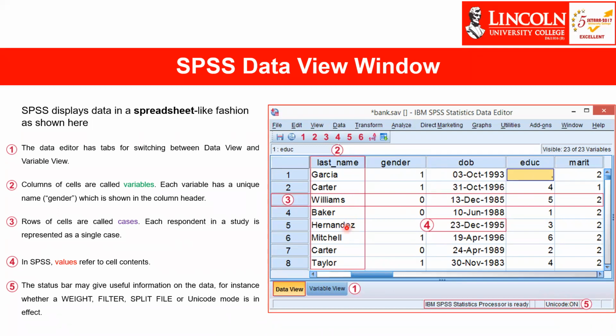We'll be doing more work on the rows and the columns, and of course, the analysis tab. So this is how the SPSS data view window looks, and these are the components you can find on your SPSS data view window.